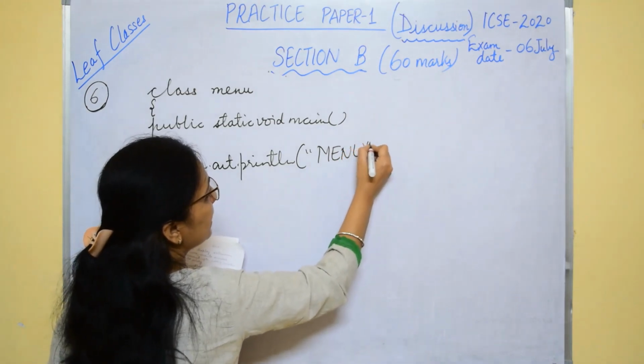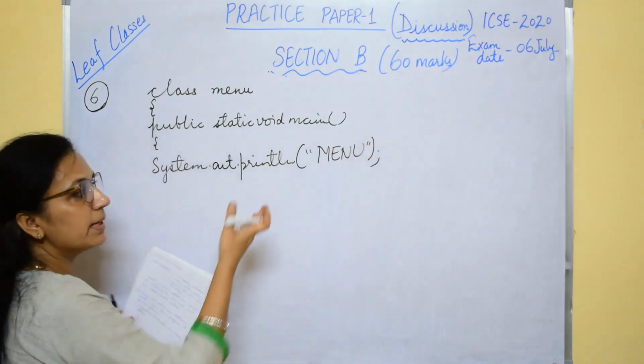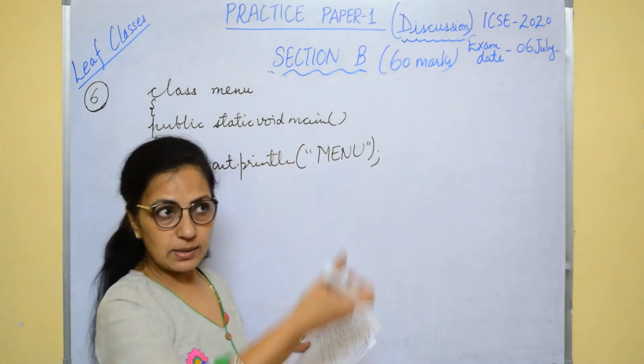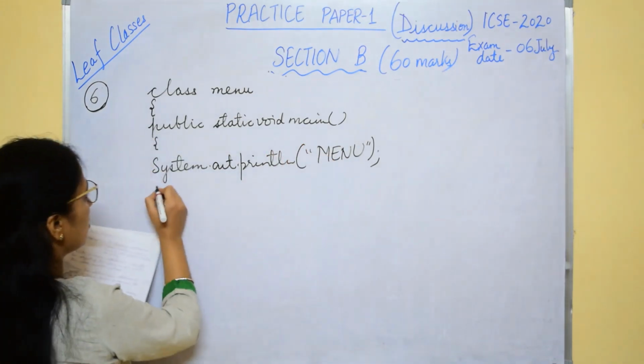Menu word we will write like this, so that when it is displayed on the screen, we'll come to know that this is the menu and the following are the options of it.